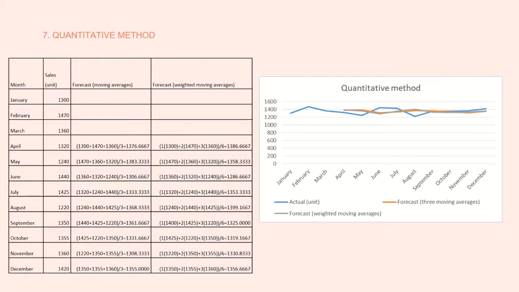And then we move to the quantitative method. For the quantitative method, we calculate the 3-month moving average and also the 3-month weighted moving average. For the 3-month moving average, the highest value is in May, which is 1383.3333, and for the 3-month weighted moving average, the highest value is in August, which is 1399.1667.